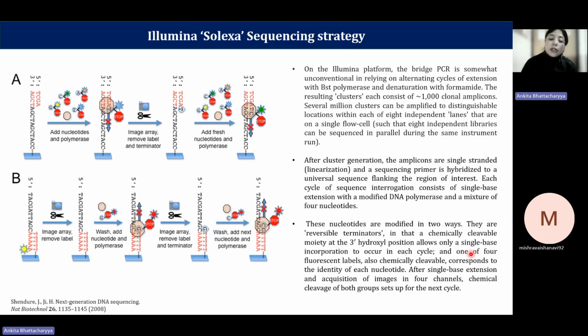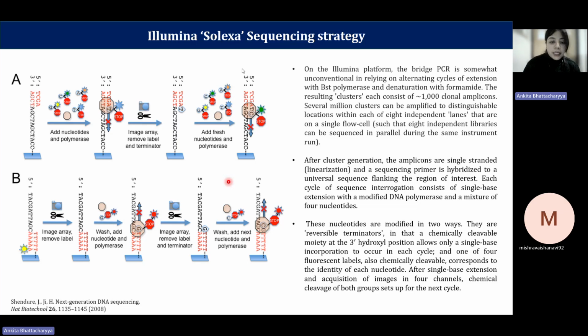The concept is quite similar to Sanger sequencing, where you used a ddNTP to make sure that chain termination occurs right there. Similarly, here you are ensuring that only a single base is incorporated and extension cannot take place. Each of these bases also carries a chemically cleavable fluorescent label, which gives identity to each of the nucleotides.